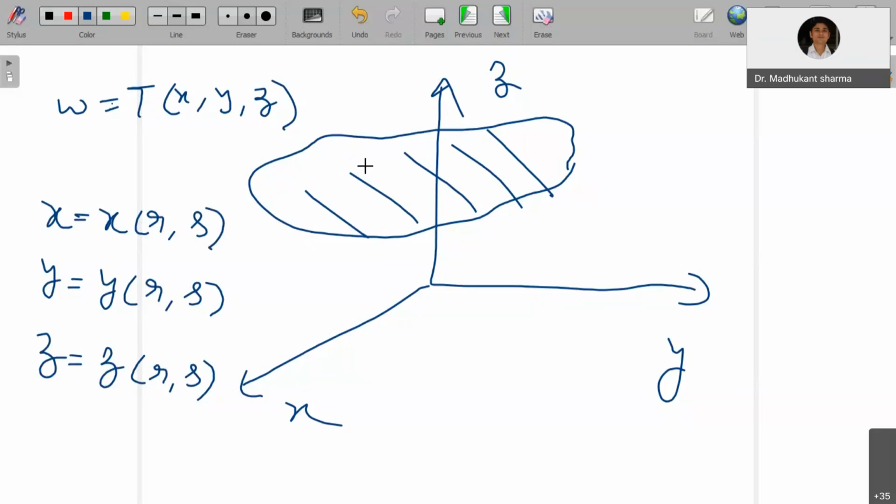So if you talk about a particular problem, suppose you are looking at temperature at some other planet. What you need to have is its longitude and latitude. Those 2 variables you can represent, let's say, as r and s. If this function is correctly modeled, then you will have the temperature in your hand at that planet.